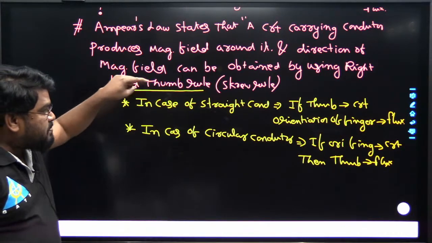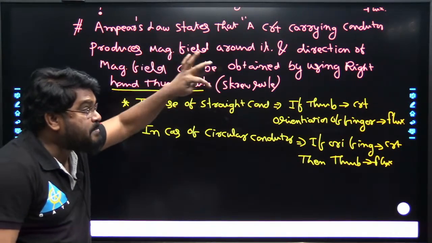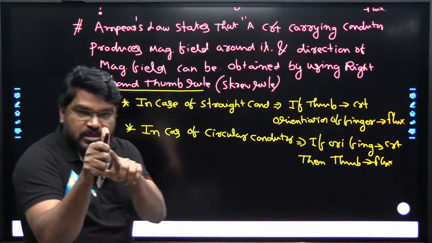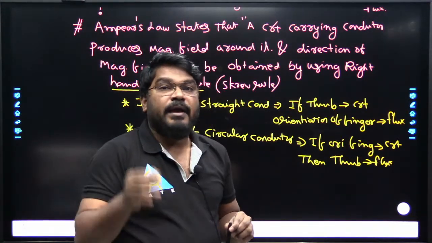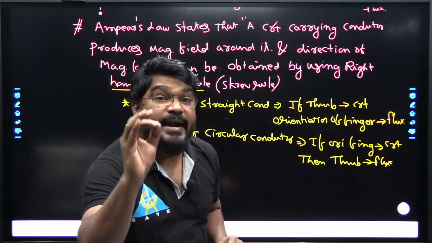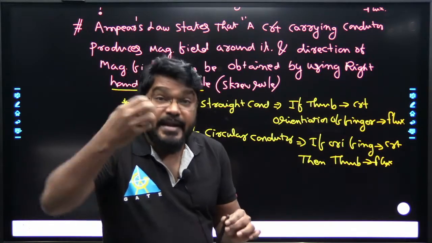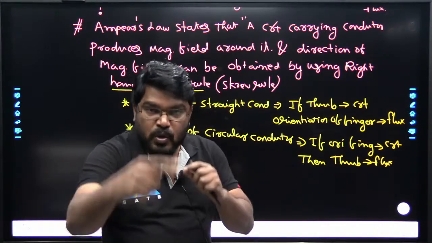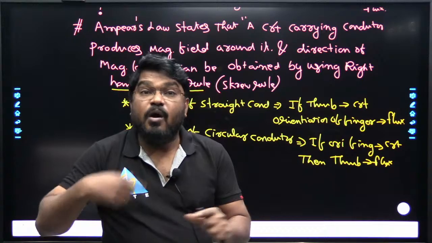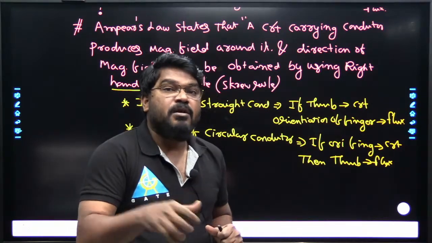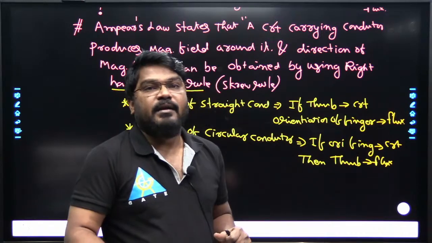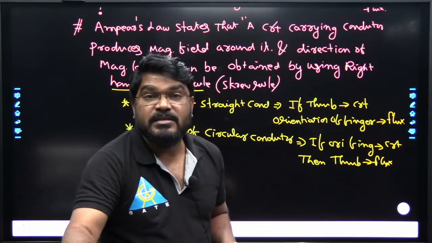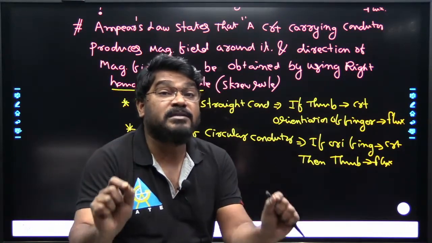In case of the straight conductor, if the thumb indicates the current direction, the orientation of the fingers around the conductor indicates the flux direction. And in case of the circular conductor, suppose it is a coil, if the orientation of the fingers around the conductor indicates the current direction, then the thumb indicates the flux direction.